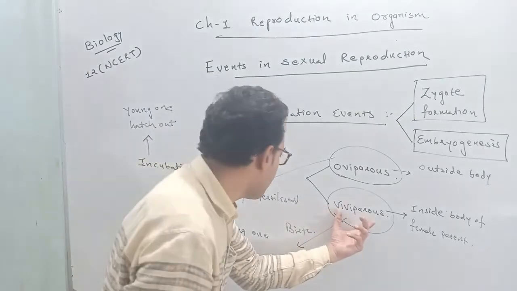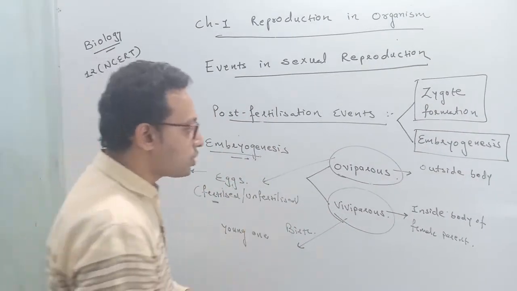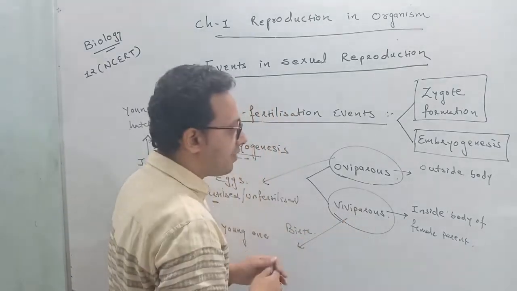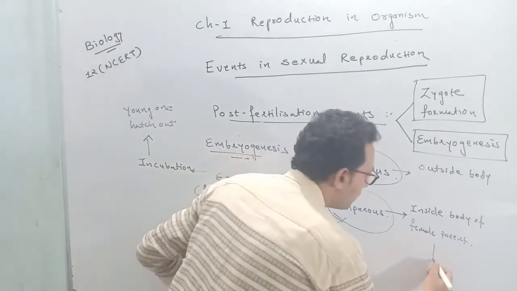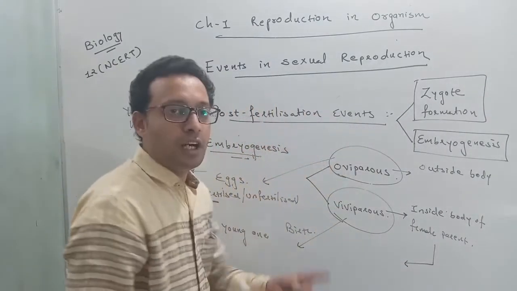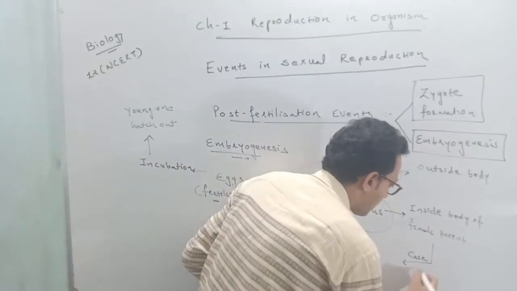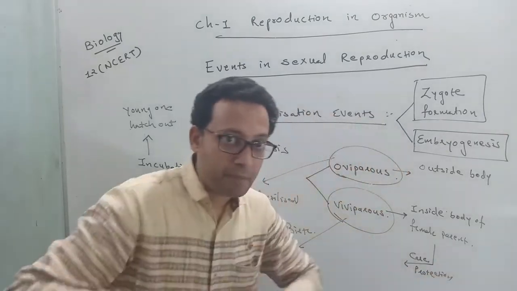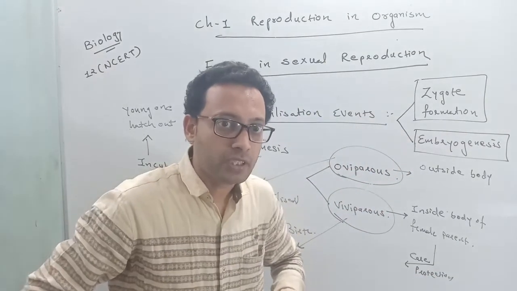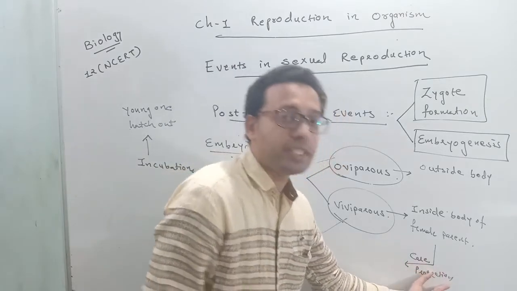In the case of viviparous animals, we know that they give birth to a young one. How does it happen? Here the development occurs inside the body of a female parent. They will be given proper embryonic care and protection because the embryo is present inside the female parent's body.